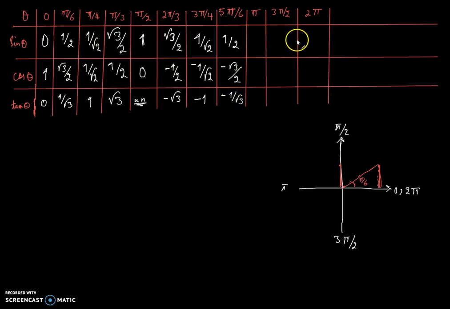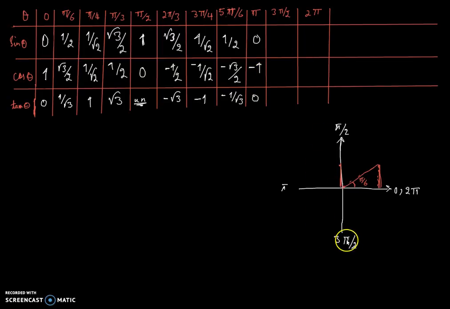For pi, as the sine value, y is 0 here, so you get 0 because 0 divided by r is 0. And the cos value is minus 1, so the x value is minus 1, so the cos of 180 is minus 1. So the tan value would be 0, 0 divided by minus 1.